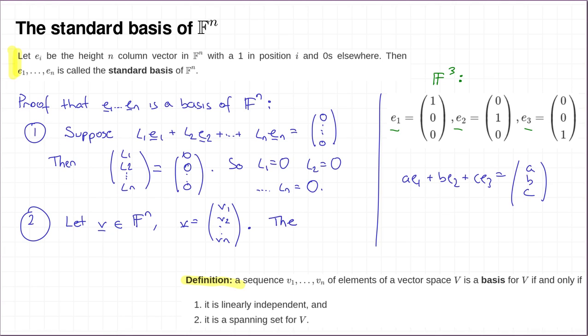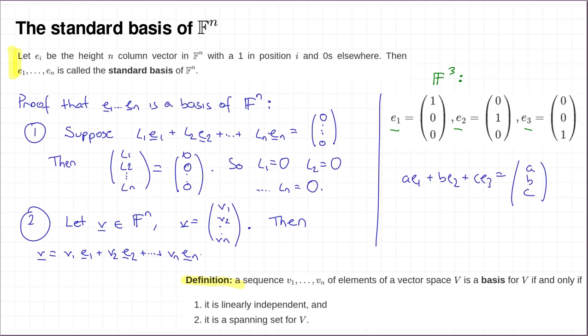Well, then it's actually really easy for me to write v as a linear combination of the ei's, because now v is equal to v1 times e1 plus v2 times e2 up to vn times en.